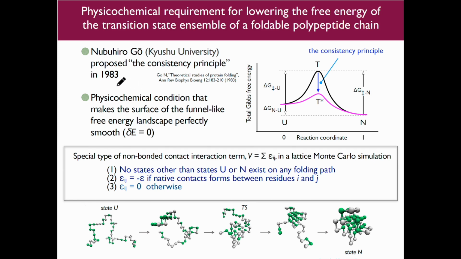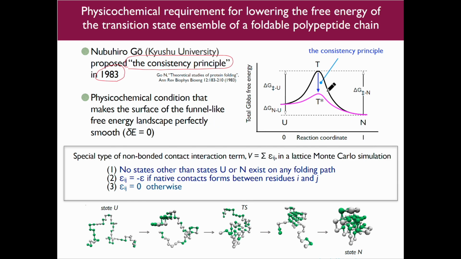And in 1983, so many years ago, Professor Nobuhiro Go, in those days an associate professor at Kyushu University, proposed the so-called consistency principle. This is a physicochemical condition that makes the surface of the funnel-like free energy landscape perfectly smooth.